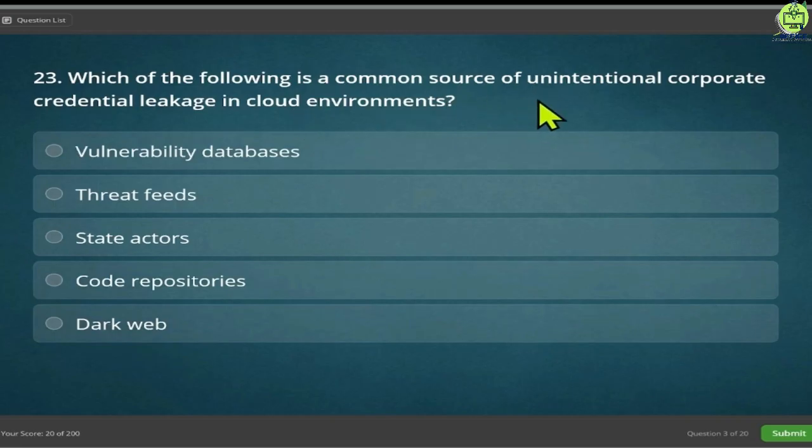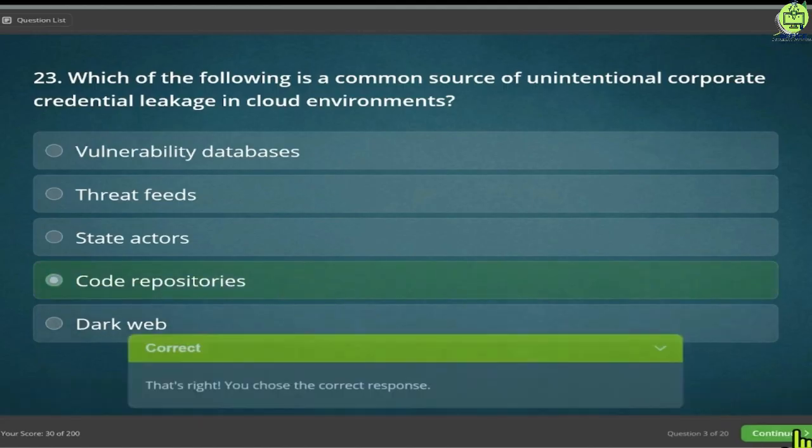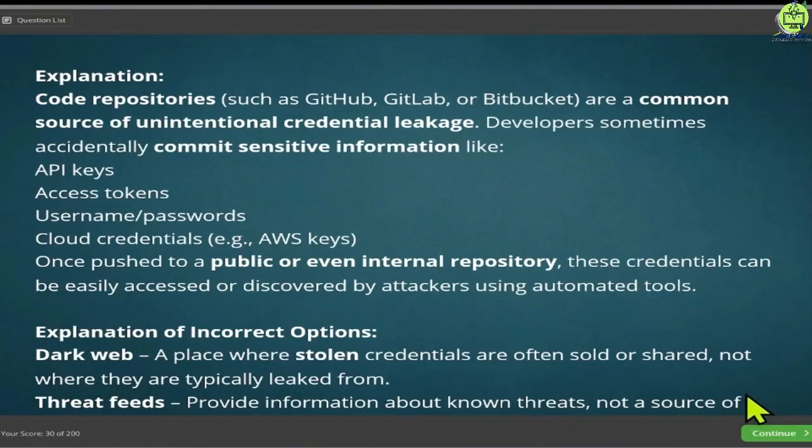If you read through it the second time, you see that the right answer is going to be this one right here. I'm giving you the opportunity to see if you can figure out the answer yourself. So it's going to be code repository, and this is because code repositories are a common source of unintentional credential leakage.